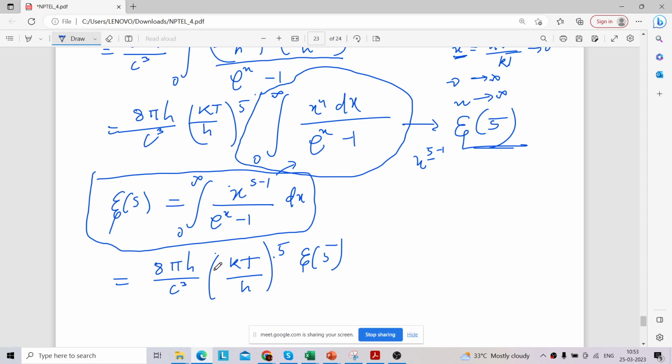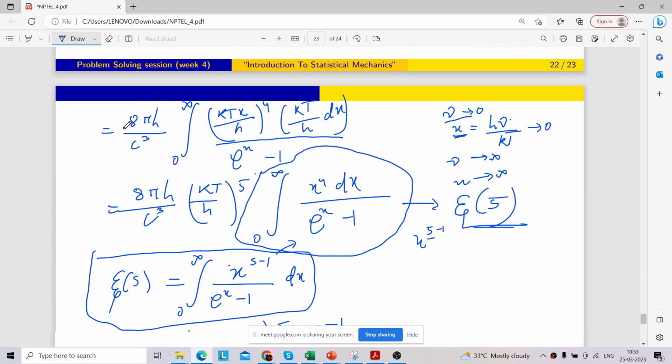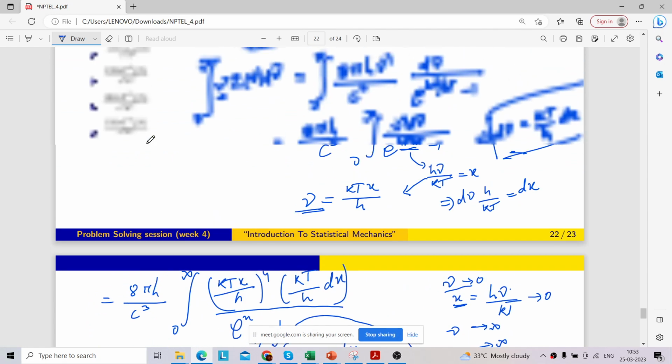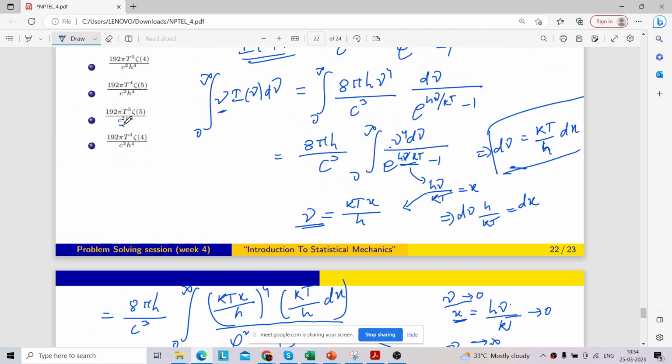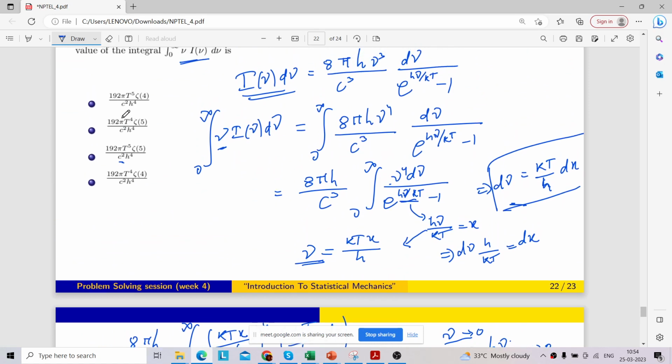So let's check the options. Okay, it must be c square, right? It's c cube we are getting, because in the answer it's c square. You can check this later. All other parameters we can check. In the answers we have temperature dependence to the power 5 and to the power 4, and we have zeta functions zeta 5 and zeta 4.